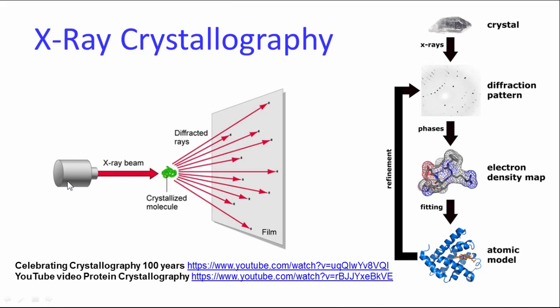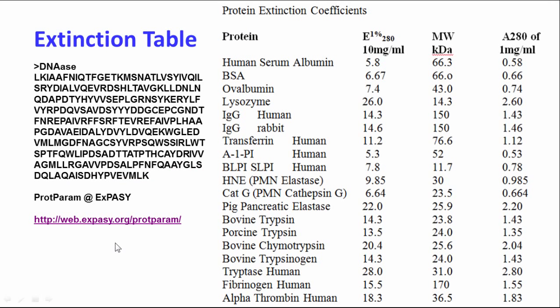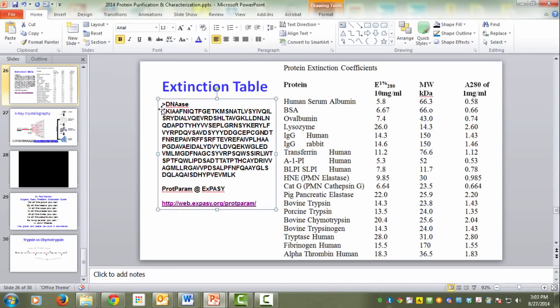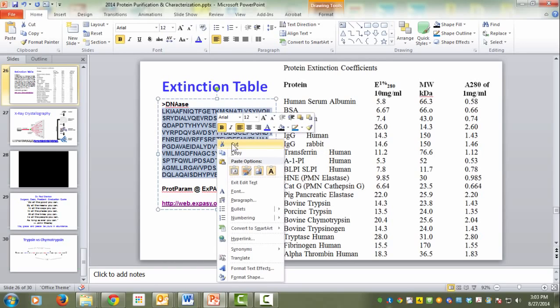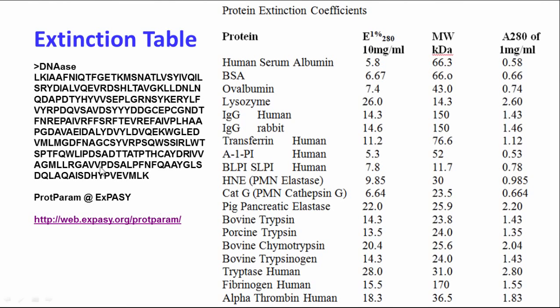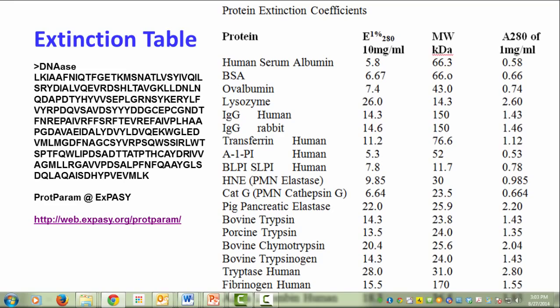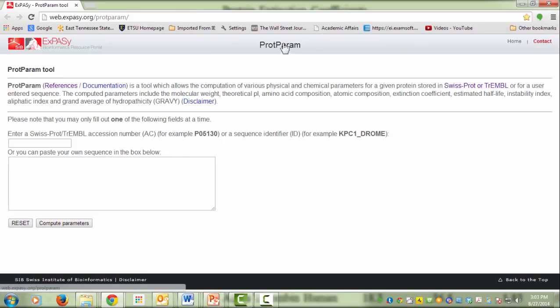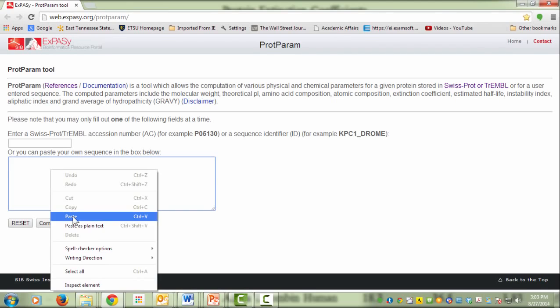I'm going to copy this amino acid sequence out of here, and then I'm going to go back and pull this over in here, and this is the ProtParam tool at the Expasy website. I'm going to paste that sequence right in here.